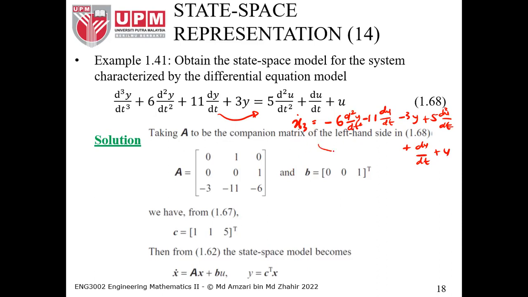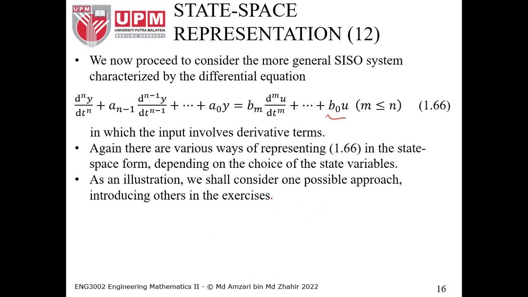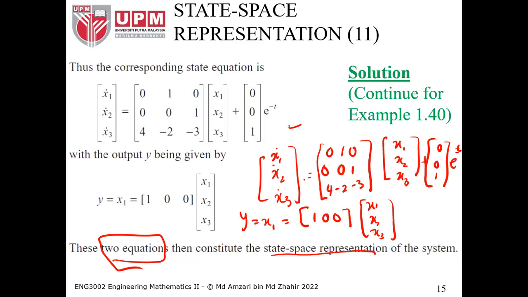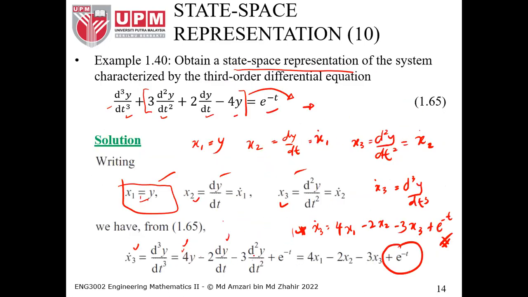So we can simplify this equation to be x dot 3 is equal to negative dy over dt. If you see this example, dy over dt will be x2, and d square y over dt square will be x3. x1 will be y.